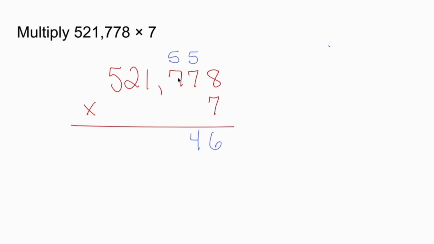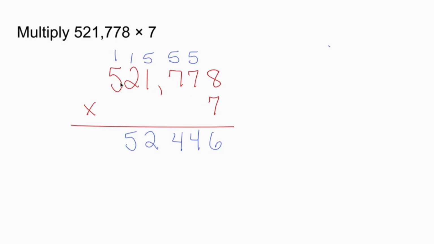7 times 7 is 49. 49 plus 5 is 54. Write out your 4, carry over the 5. 7 times 1 is 7. 7 plus 5 is 12. Write out your 2, carry over the 1. 7 times 2 is 14. 14 plus 1 is 15. Write out your 5, carry over the 1.